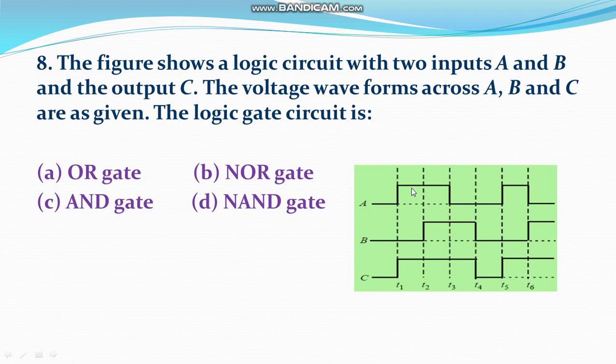A is 1, B is 0, then 1. Yes, 0, 0, 0; 1, 0, 1; 1, 1, 1; 0, 1, 1. Yes, 0, 0, 0. Which type of gate is it? Right, your answer is A. Thank you.